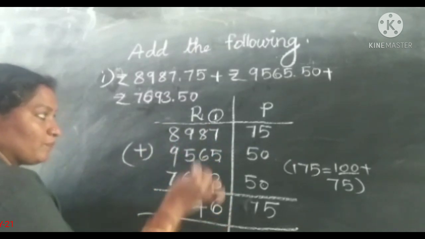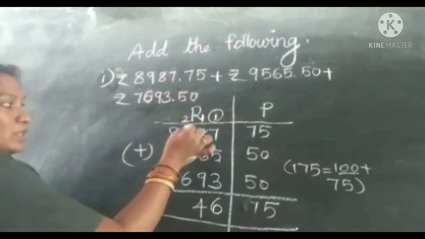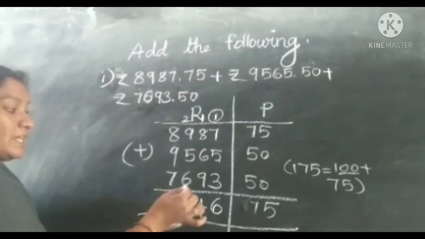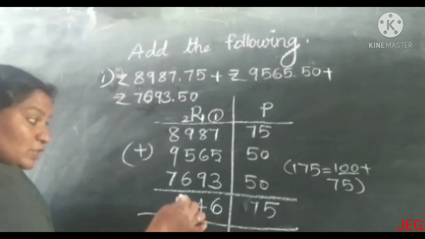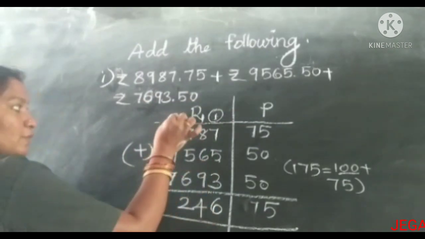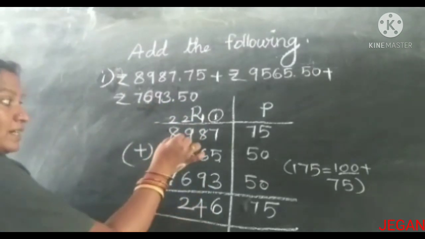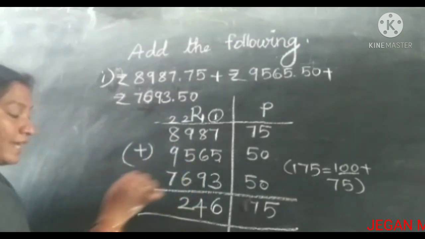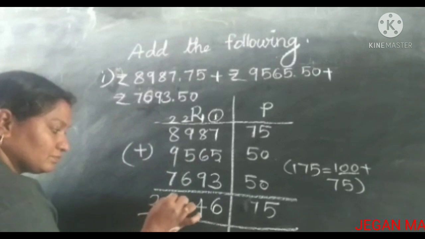So 4 and 2. 9 plus 2 is 11. 11 plus 5 is 16. 16 plus 6 is 22. So 2 and remaining 2. 2 plus 8 is 10. 10 plus 9 is 19. 19 plus 7 is 26.